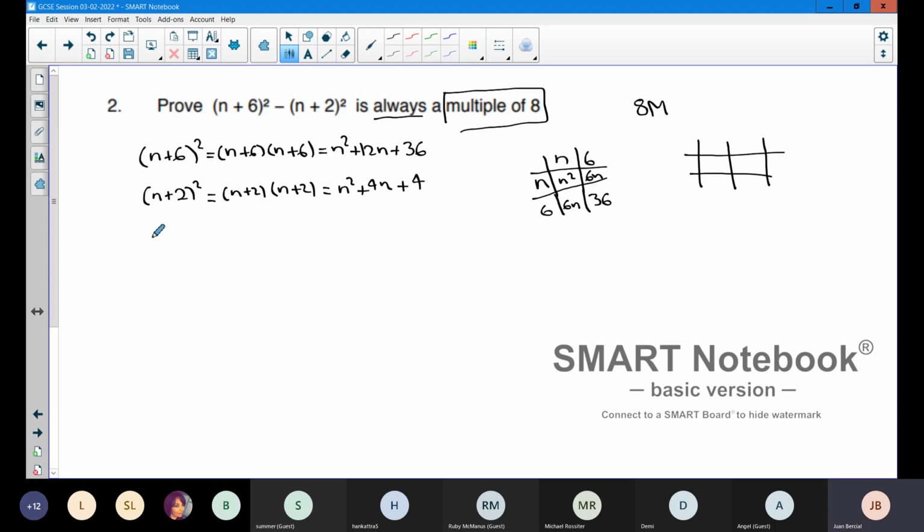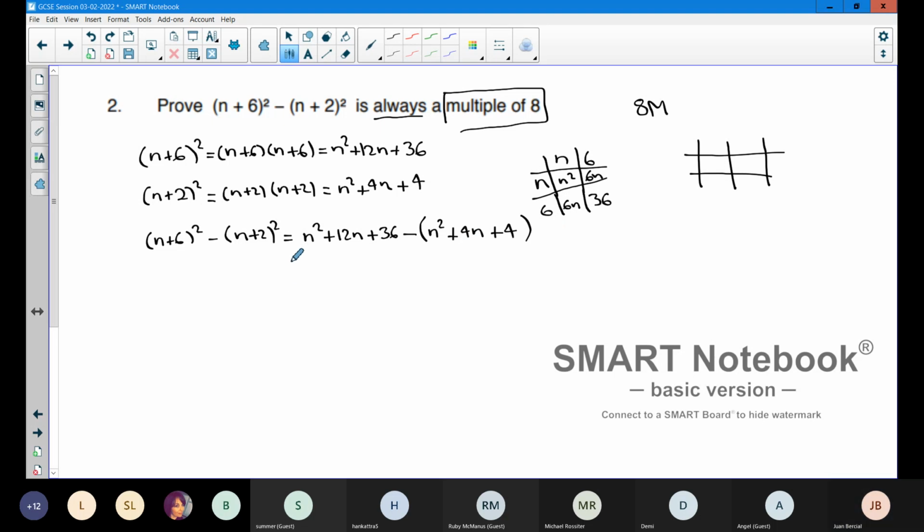So now that we've done that prep, we can write n plus 6 squared minus n plus 2 squared. We write the first one, n squared plus 12n plus 36. And then we take away, careful here, because we need to take away everything. So I always put the bracket first so I don't make a mistake. It's n squared plus 4n plus 4.